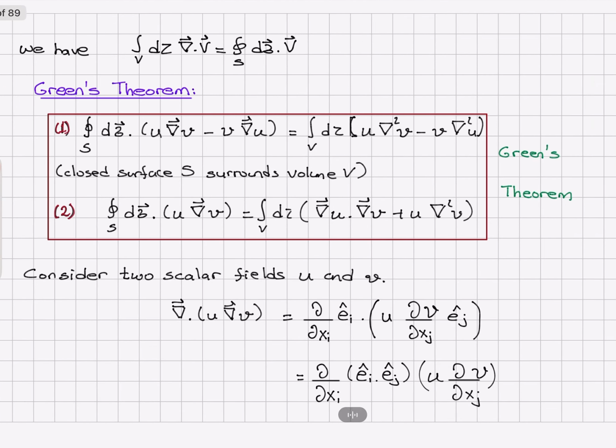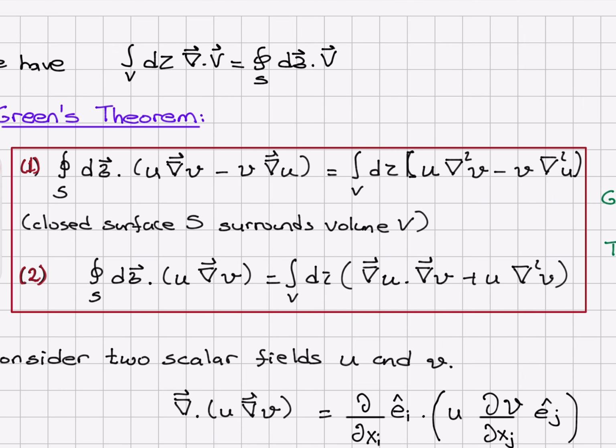Okay, so Green's theorem says the closed surface integral d sigma dot u gradient v minus v gradient of u is equal to the volume integral d tau u del square v minus v del square u, where the closed surface S is surrounding the volume V. The second form: the closed surface integral d sigma dot u gradient v is the volume integral d tau gradient of u dot product gradient of v plus u del square v.